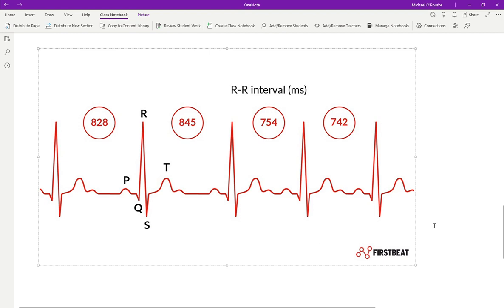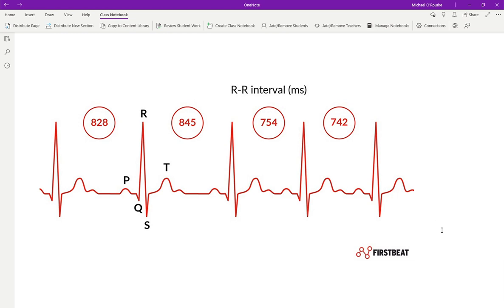Is that periodic? Yes or no? Oh, McCann, I missed your comment there. That's an outstanding comment. So Tanner was right. This is a heartbeat. And it is periodic. Okay?